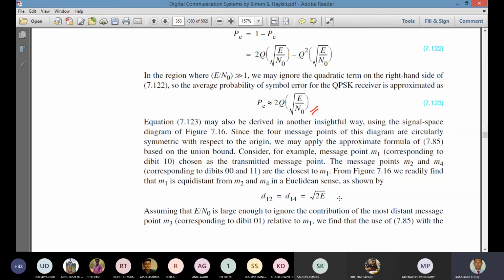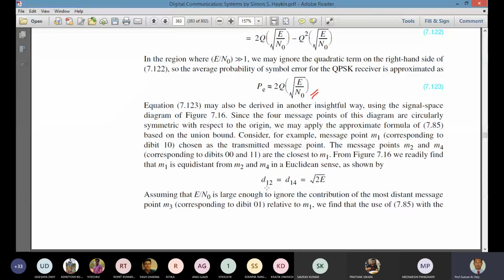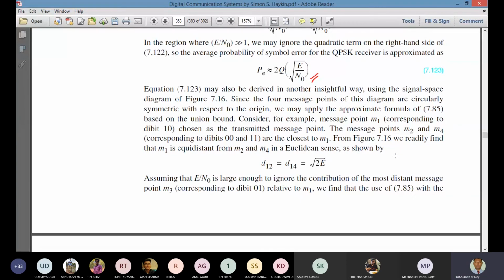So when we are talking about M equal to 8, or octal phase shifting, and we are generalizing the terms for general M-ary, what we are doing is multiplying by sin pi by M. Same thing we are doing over here also.